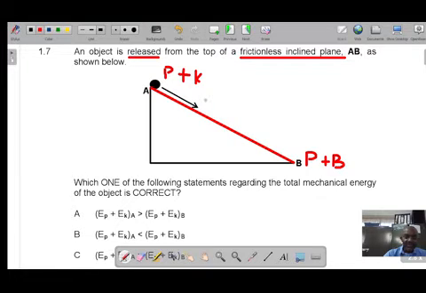That means E mechanical at point A is the same as E mechanical at point B.